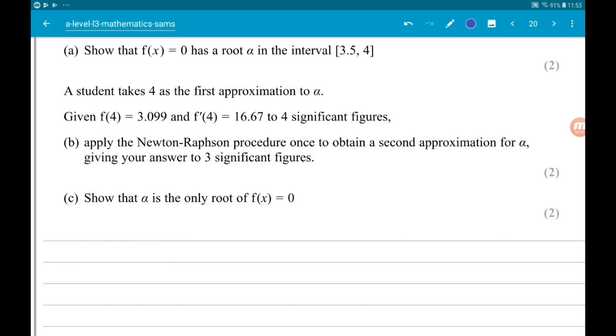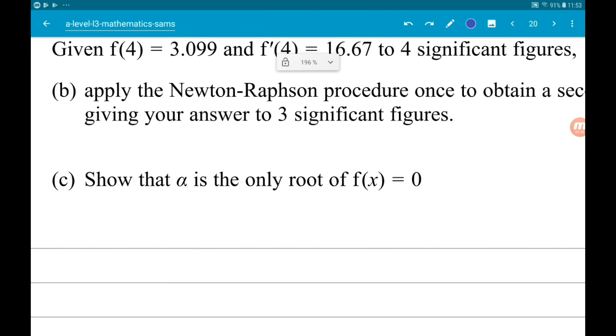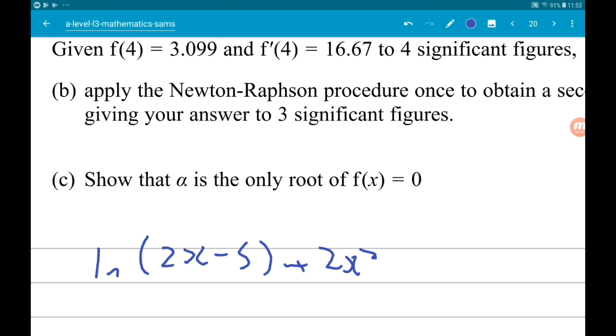What we're trying to solve is log of 2x minus 5 add 2x squared minus 30 is equal to 0.